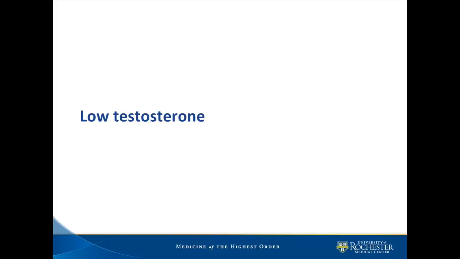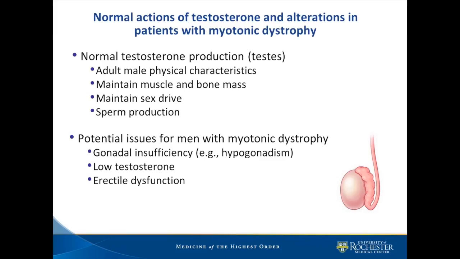Earlier in my comments, I mentioned that the testis and atrophy of the testis was one of the first endocrine abnormalities noted in myotonic dystrophy type 1. And low testosterone is certainly a function of the disease. Myotonic dystrophy type 1 causes wasting and damage to the seminiferous tubules in the testis, and it influences testicular function.